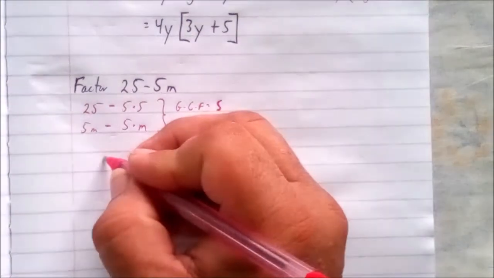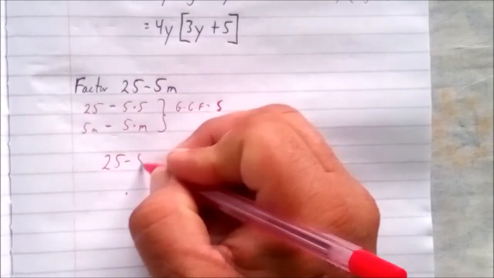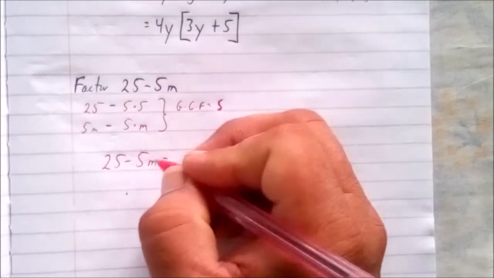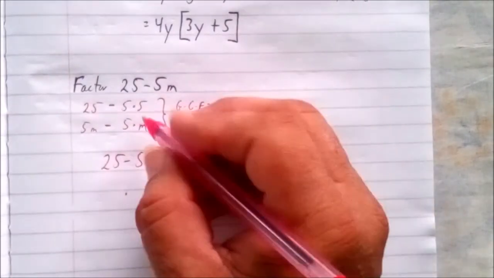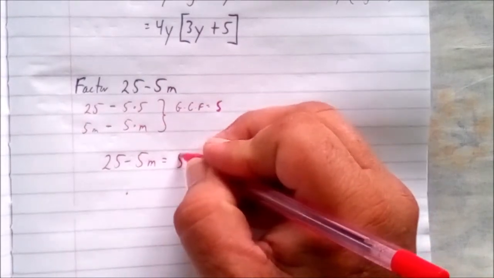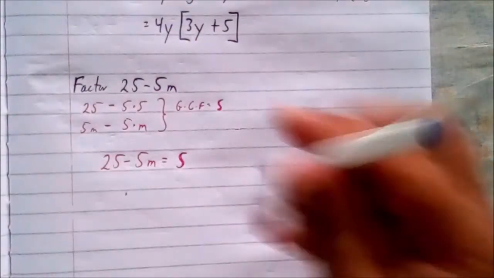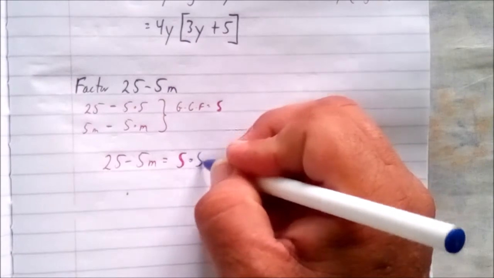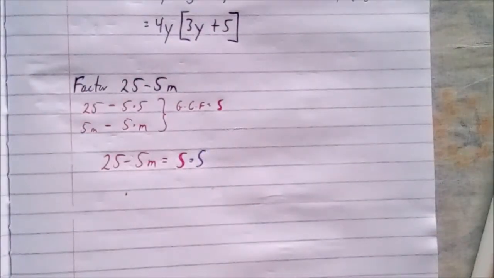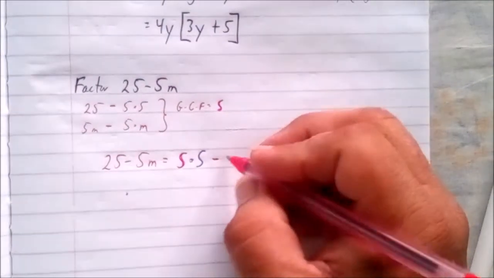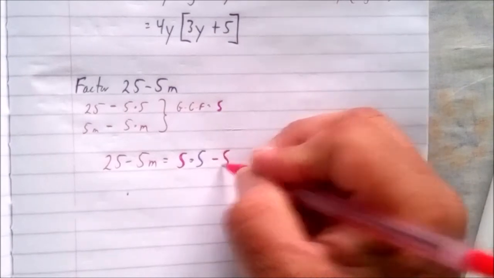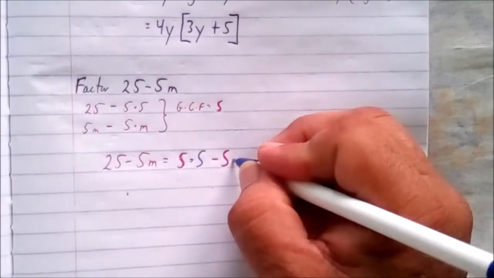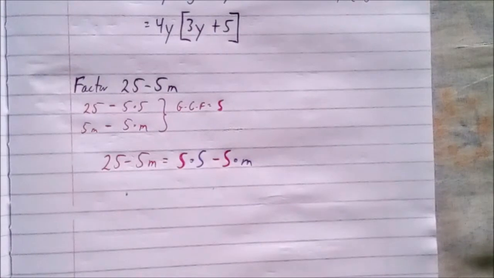So we do this. 25 minus 5m equals, well, we put 5, I put here in blue, times 5 minus 5 times m. We use the distributive property in reverse to factor out the greatest common factor.